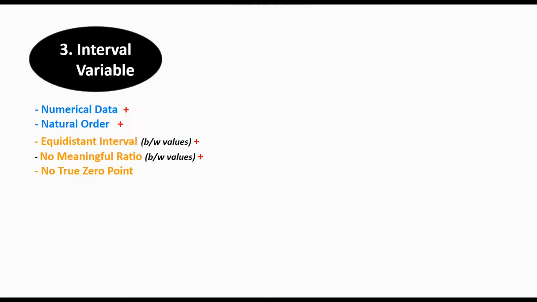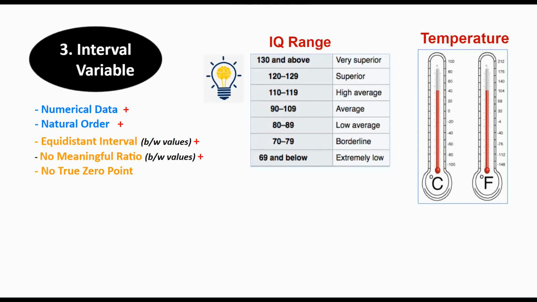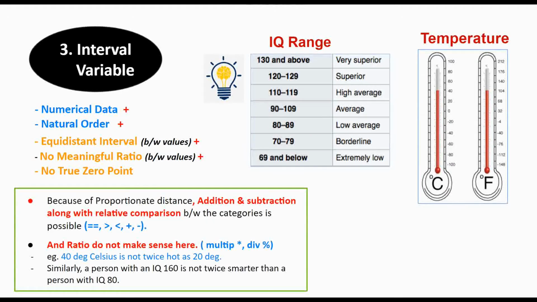So examples of interval variables are IQ scores, where you can see we have equal intervals between numerical categories, and the same goes for temperature measured on different scales. Because of this equidistant interval, it's possible to make a relative comparison or addition and subtraction between categories.